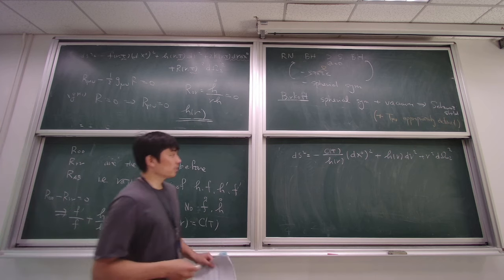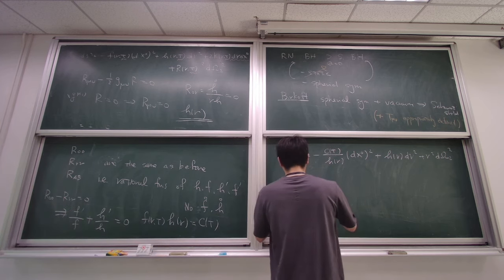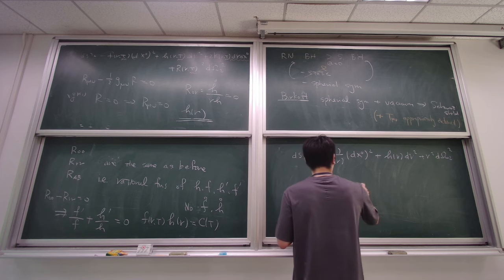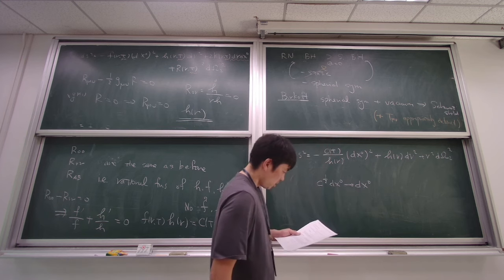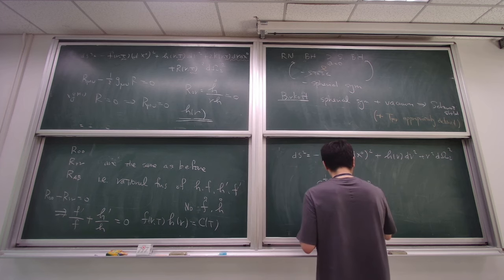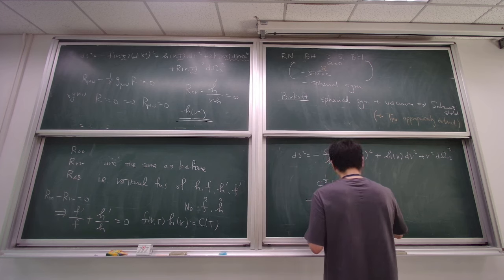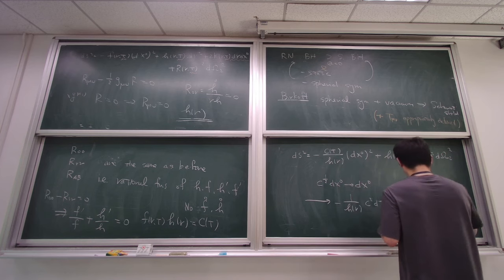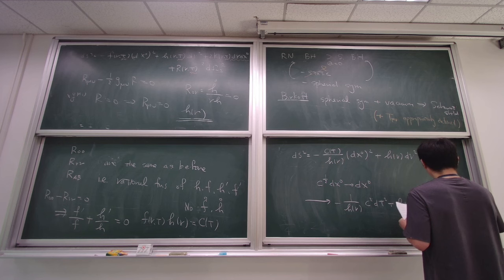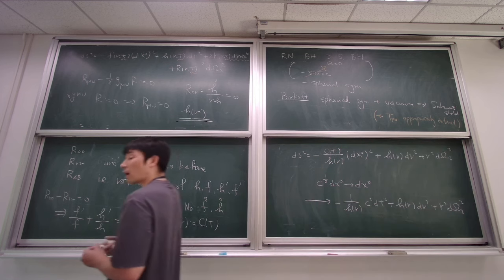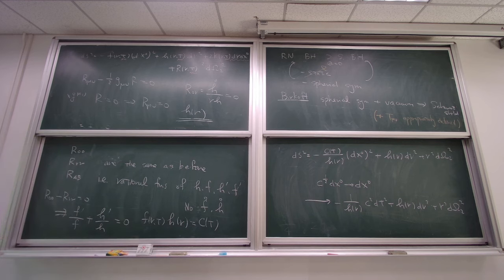So we can just redefine c of t dt squared equal to dx0 squared, just shifting like this. Then you obtain the previous metric: minus h of r c squared dt squared plus h of r dr squared plus r squared d omega squared. It's a very simple proof. So that's a rough way of proving this Birkhoff theorem.